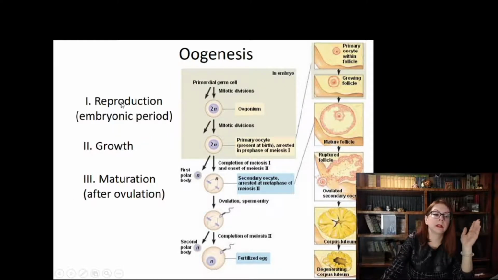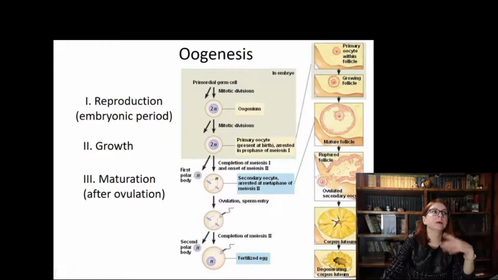Reproduction is when cells just increase in number, they proliferate, and that's what occurs in the embryonic period. So if in males reproduction continues along all the life, starting from the puberty, then in females only in the embryonic period. Then the period of growth.